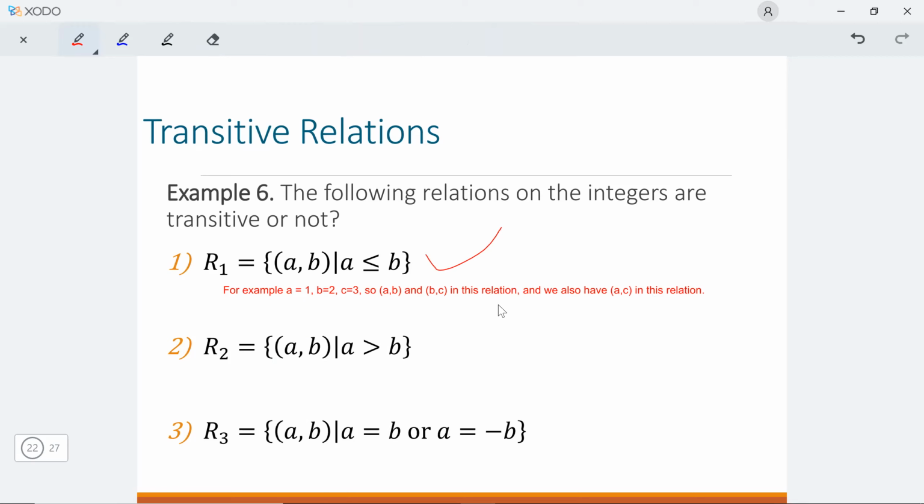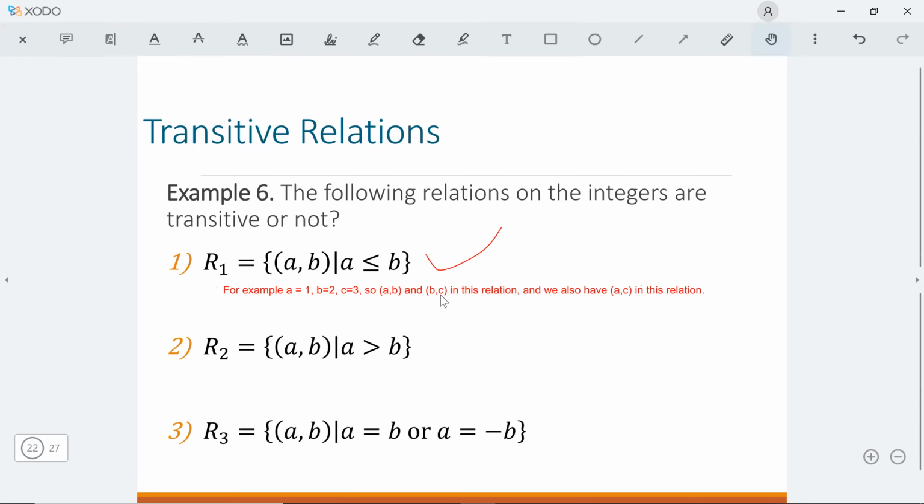And then next we look at the second one, which is greater than. For the greater than relation, if we have A greater than B, B greater than C, then we have A greater than C. Again, this uses our knowledge in algebra. You can think of A equals 3, B equals 2, C equals 1, and for any other example that satisfies A greater than B, B greater than C, by our knowledge in algebra, if both AB and BC are in this relation, then AC is also in this relation.